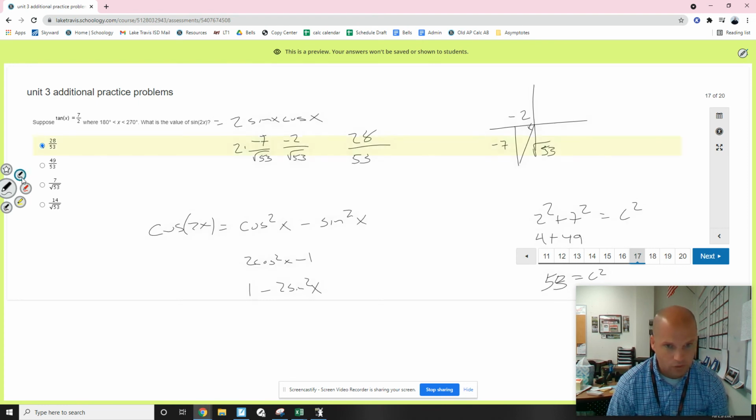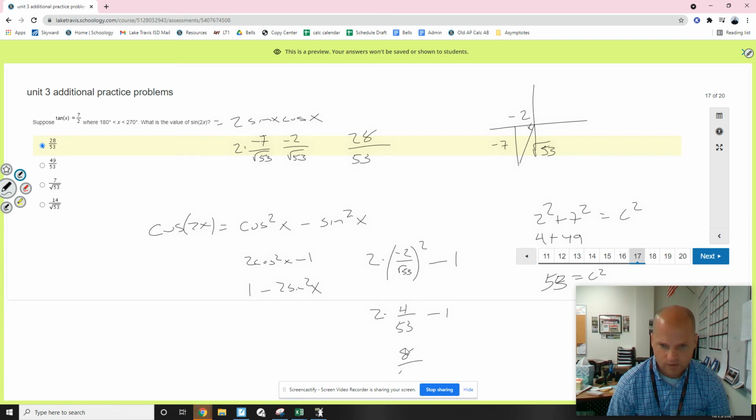If I asked you to do cos 2x, probably the easiest is to just use one of these rather than both. I don't think it matters. They're really all the same. Let's do 2 cos squared x minus 1. Cosine is negative 2 over root 53, but that's the cosine, so square that. So this is 2 times 4 over 53 minus 1.